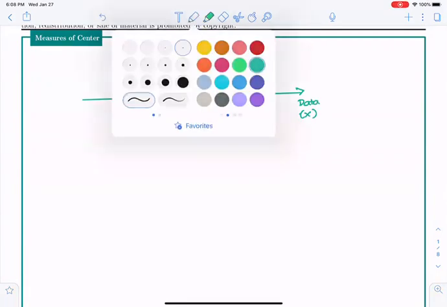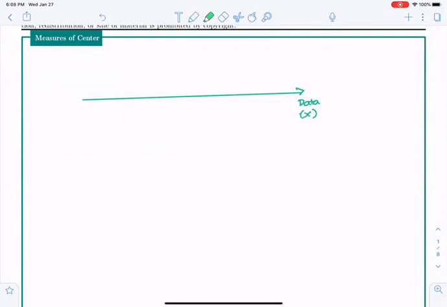And let's say there are observations between 10 and a maximum of 50.